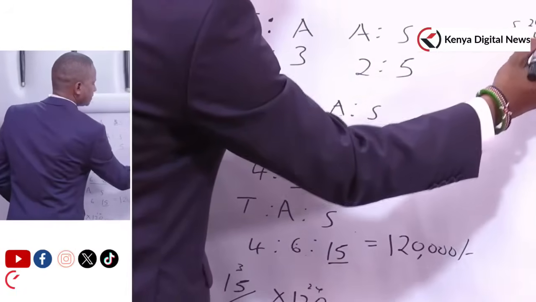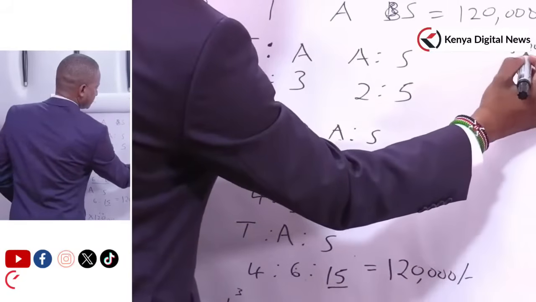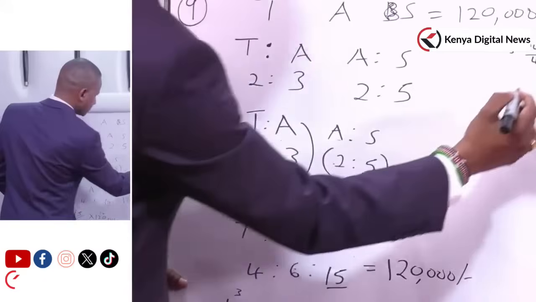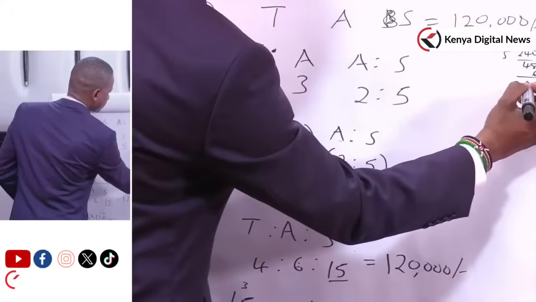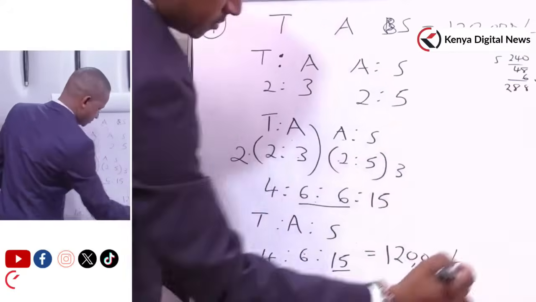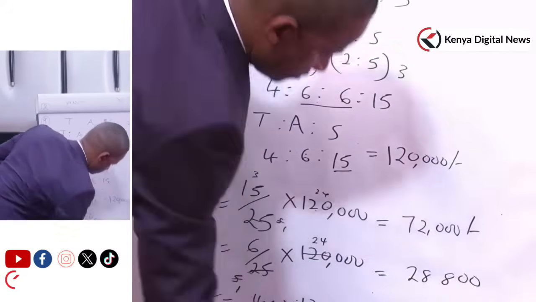This is 48. Then times 6. This is 48, carry 4, 24, 28. So this person contributed 28,800.